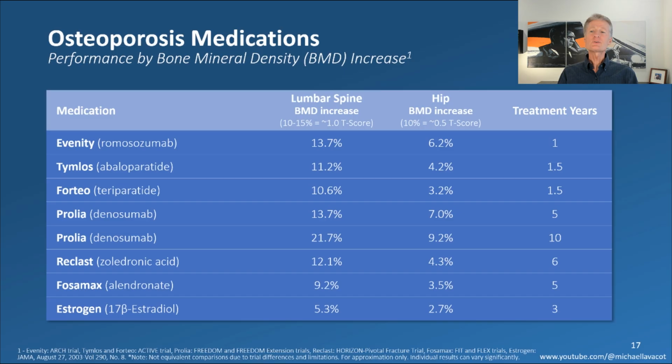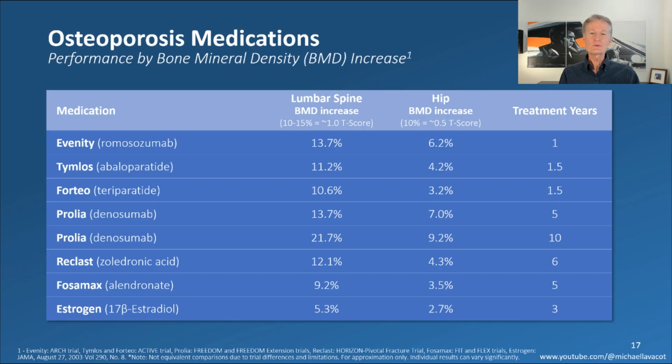Okay, which takes us to Prolia. So Prolia, I've got it listed here twice because it's a very unique drug. It's a great drug to have available for us with osteoporosis. I'm actually on Prolia myself right now. And it's a very important drug. And you can see the performance that you get, 21.7% and 9.2%.